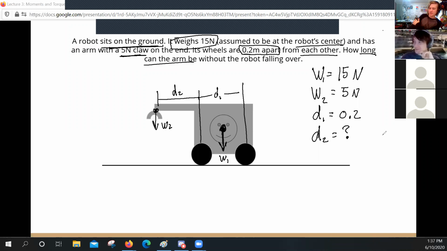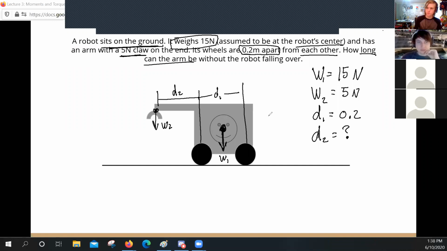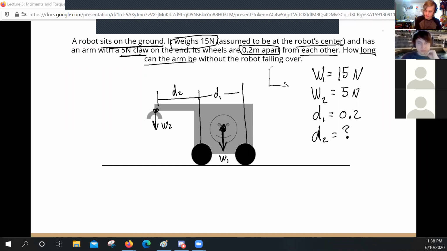So would we establish a torque or a moment? Yeah, so we can. And actually, first things first, we should say our coordinate system here. So we'll say this is y, and this is x, and this might be a little hard to visualize, but z is actually pointing in and out of the page.